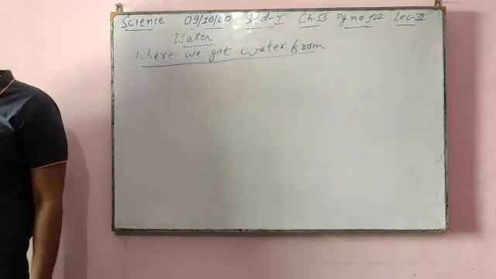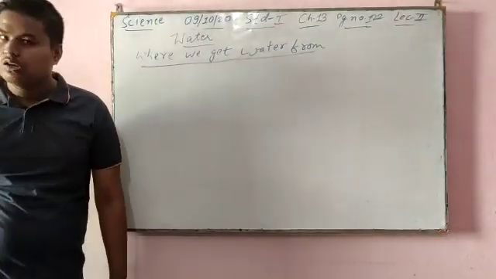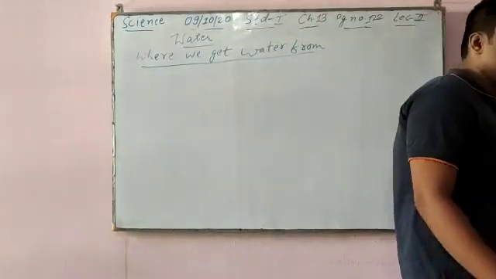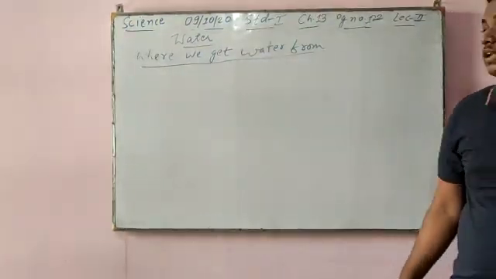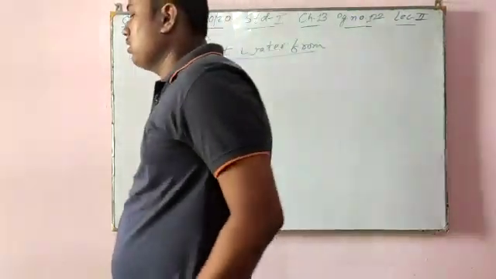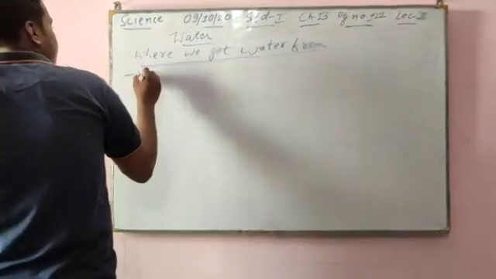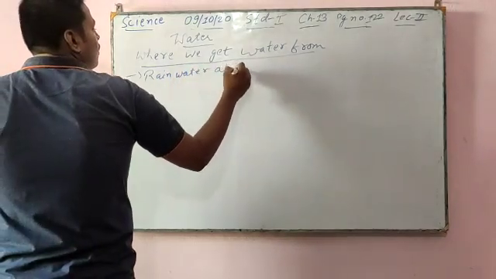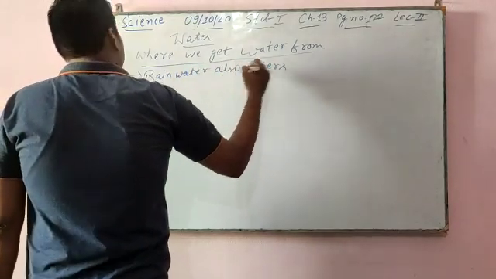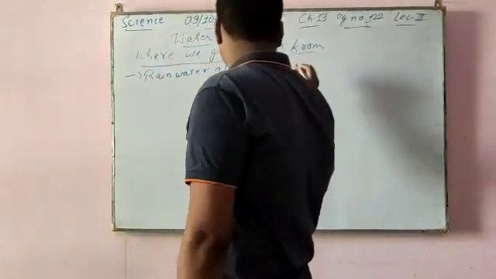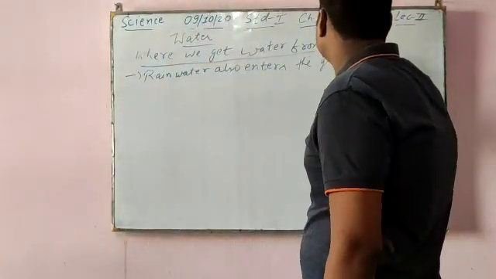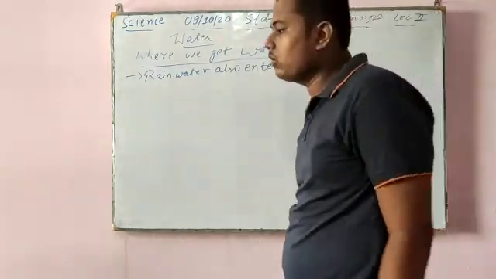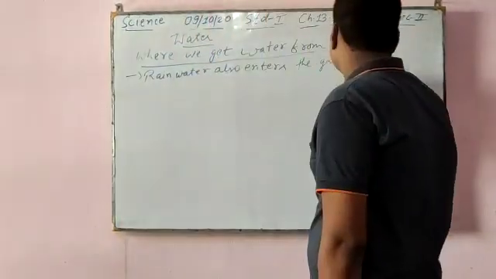Next, rainwater also enters the ground. The water from deep inside the ground is called groundwater. I told you there are three things. Only surface water is there, but in your book rainwater is given and groundwater is also given. So rainwater also enters the ground. It will go into the river and it will go into the ground also.